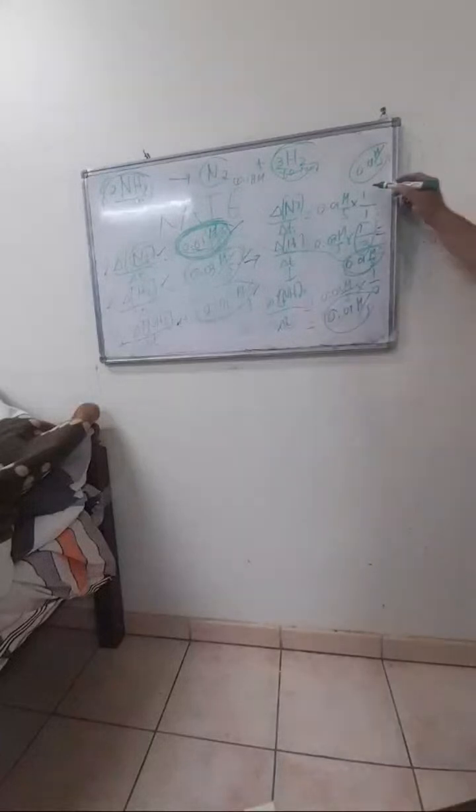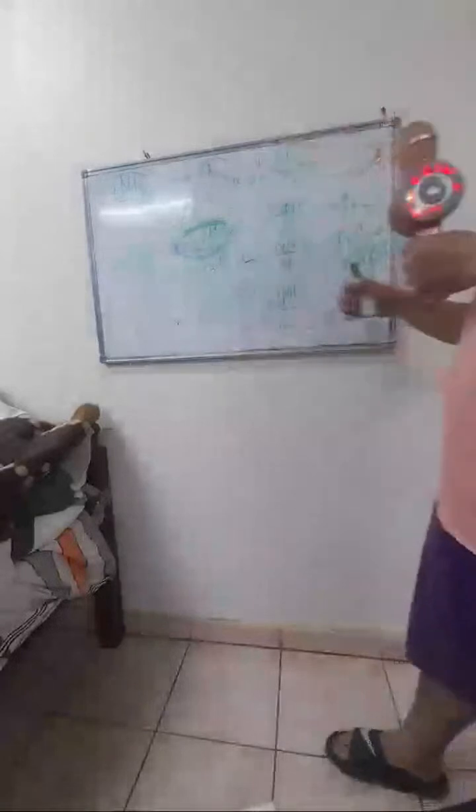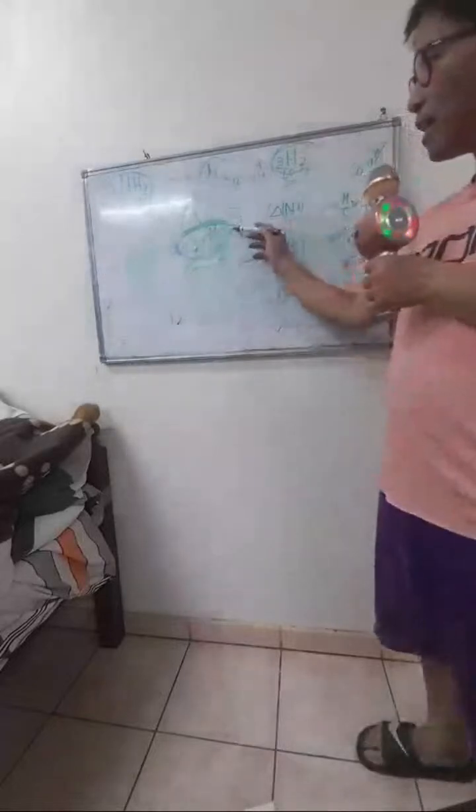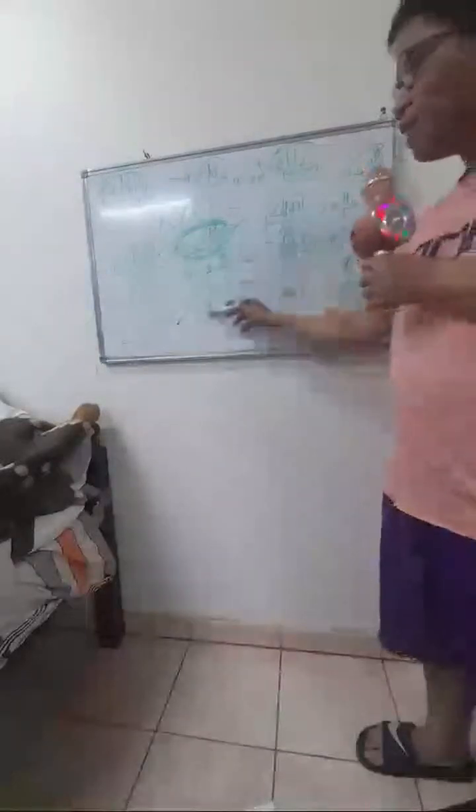So all will be 0.01, 0.01, 0.01, 0.01 in the overall reaction order with respect to each element and compound. But when you say reaction rate individually, this is the answer: 0.01 molar per second, 0.03 molar per second, 0.02 molar per second. It looks confusing, right?